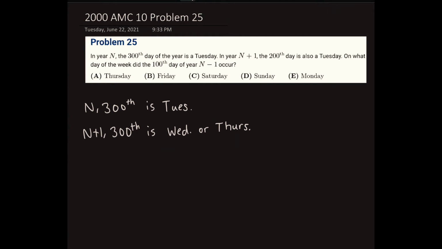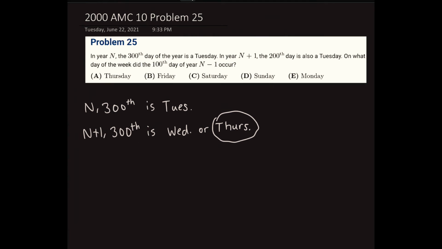If we add 100 days to that, 100 is congruent to 2 mod 7, which essentially means it leaves a remainder of 2 when you divide it by 7. So if the 200th day is a Tuesday, then 100 days after that is 2 days after a Tuesday, which is a Thursday. And so we can circle Thursday, because the 300th day of year n plus 1 was a Thursday.